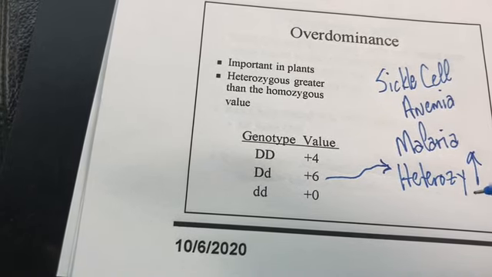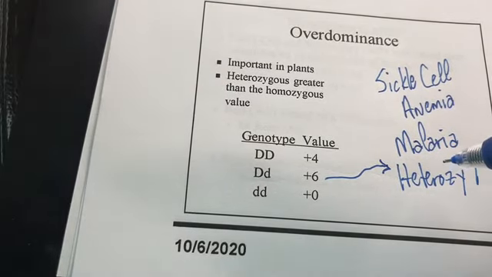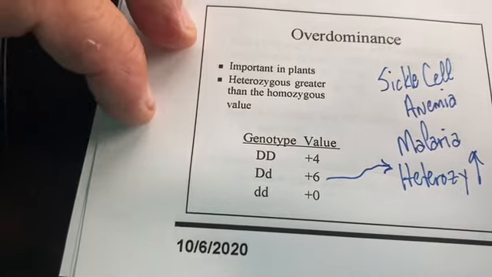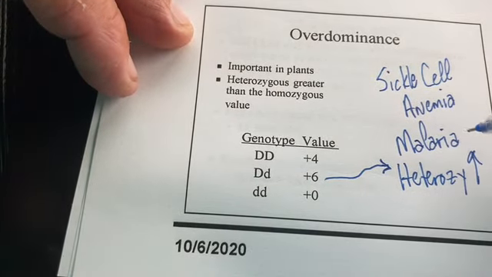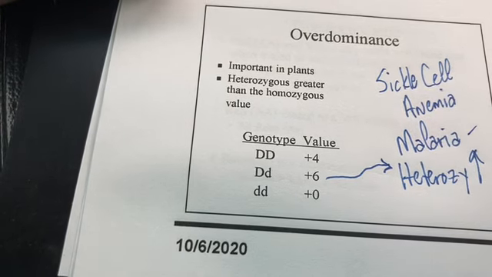And so it's actually the best one of it. It's not a full hybrid vigor heterosis we see in crossbred, but it allowed them to be able to defend themselves against malaria with that sickle cell gene.